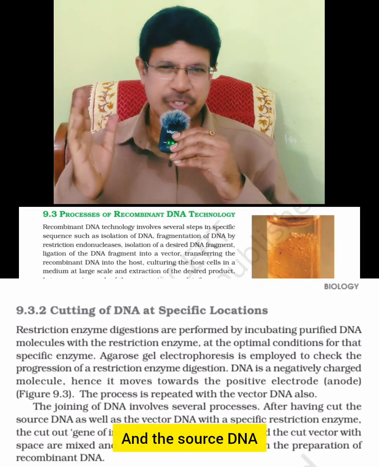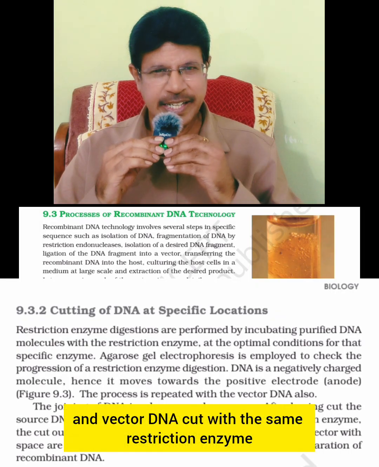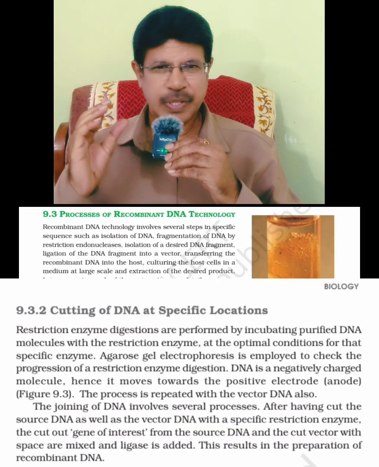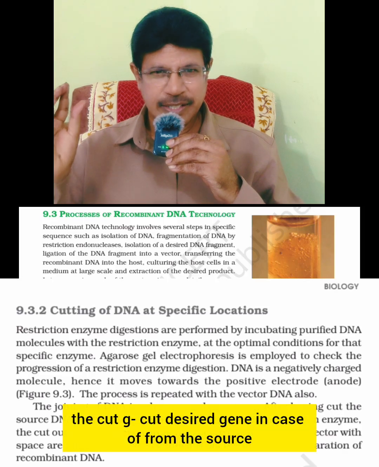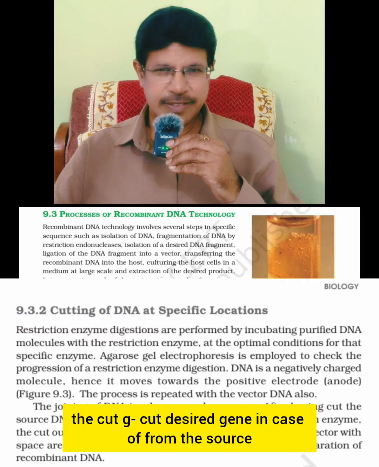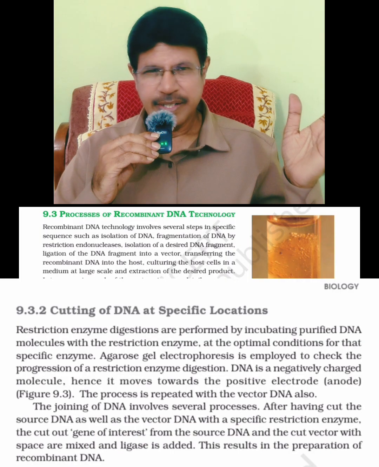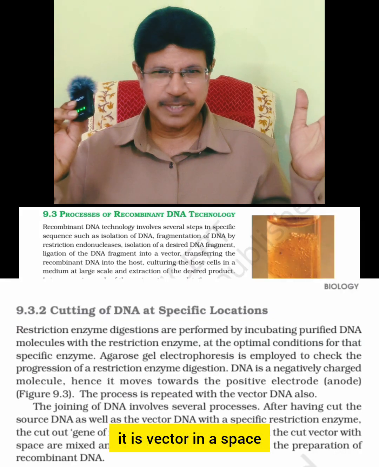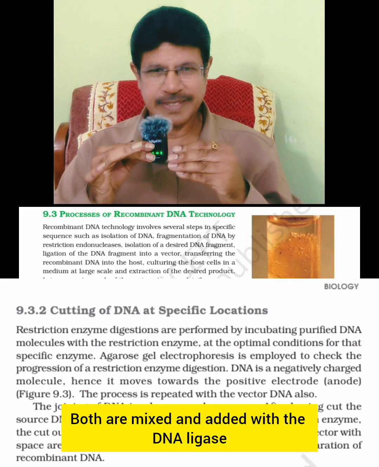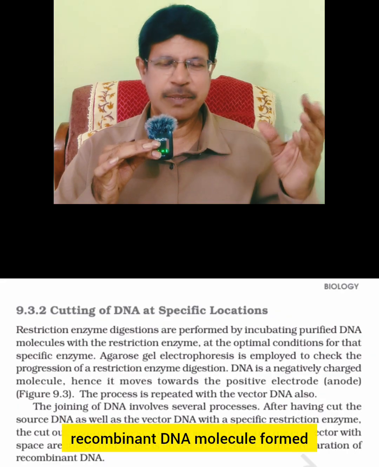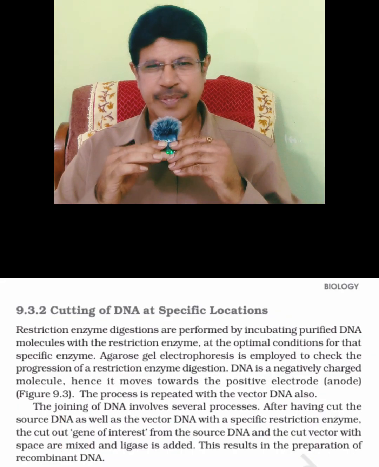The source DNA and vector DNA are cut with the same restriction enzyme. So the cut desired gene from the source and the cut vector, in a space, both are mixed and added with DNA ligase, and a recombinant DNA molecule is formed.